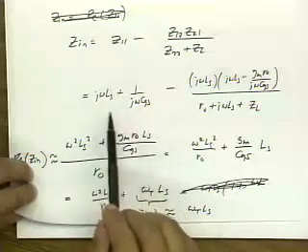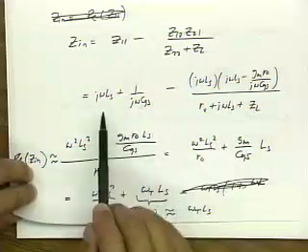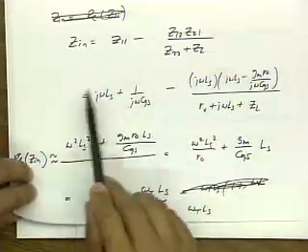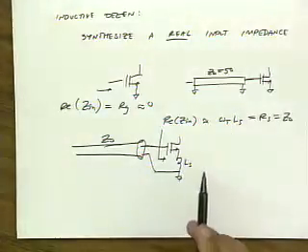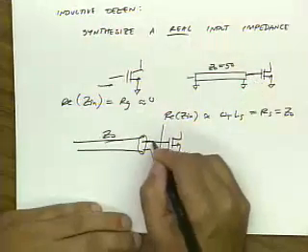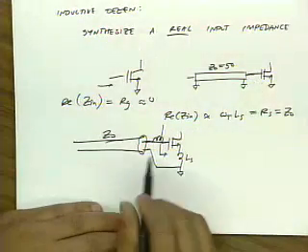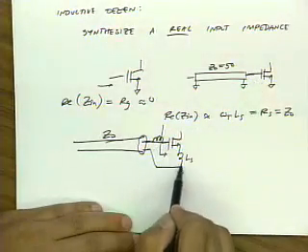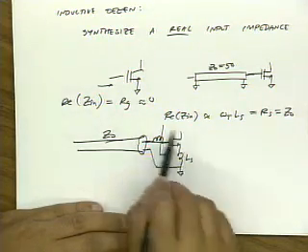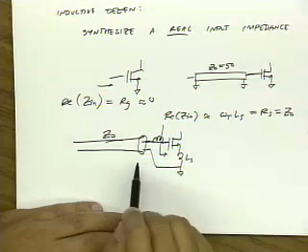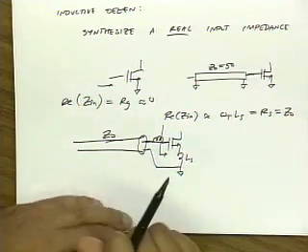If we pick LS to provide an input match, it will not necessarily resonate with this CGS. So what we can do is introduce another inductance here, so that now this inductance plus this inductance resonates the input capacitance. And so this now looks like a series resonant circuit at the input. All right?